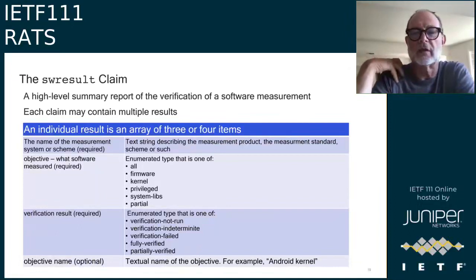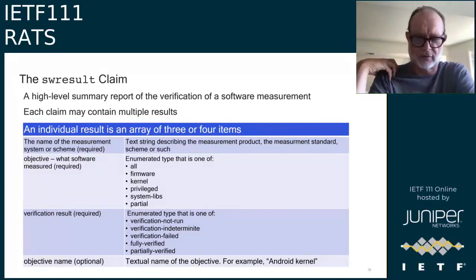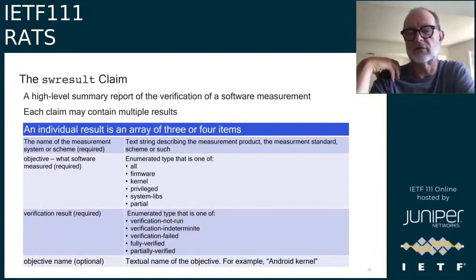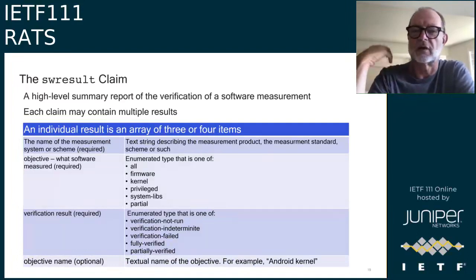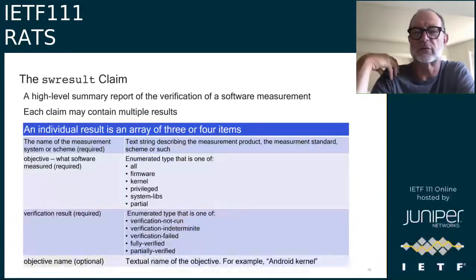Well, yeah, I understand partial could be pretty useless. But when I think about verification of subsystems on an Android phone, I think one of the ways you avoid partial is you structure your submodules so you don't ever have partials.